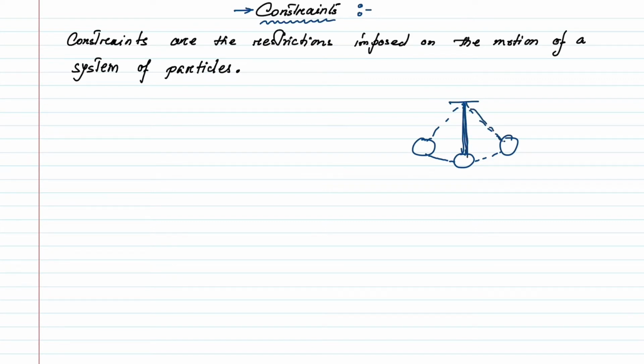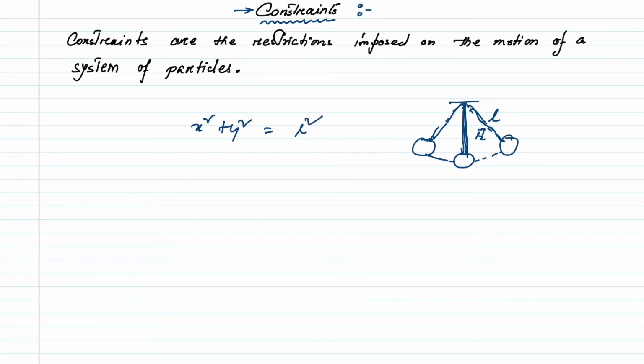This is L, suppose, and the position vector will be R. By Cartesian coordinates we can write the constraint equation as x square plus y square is equal to L square.